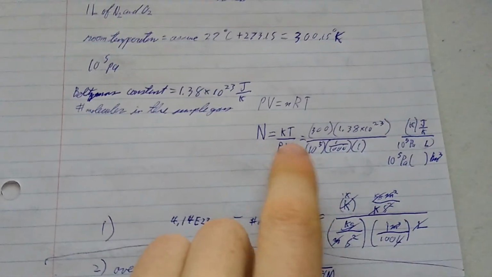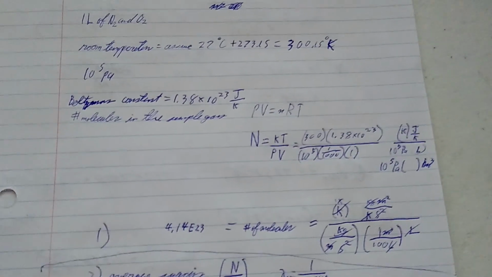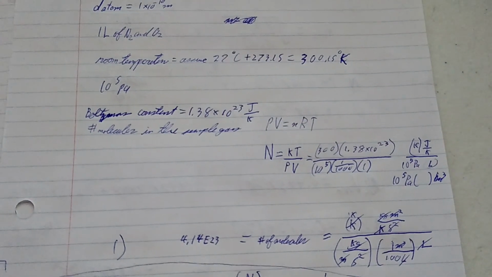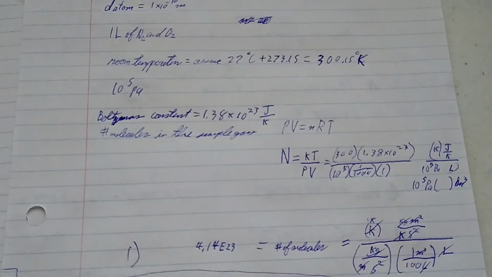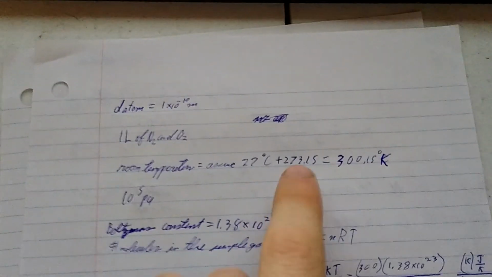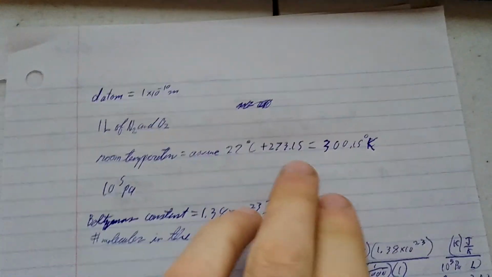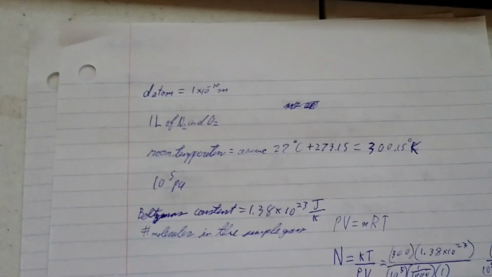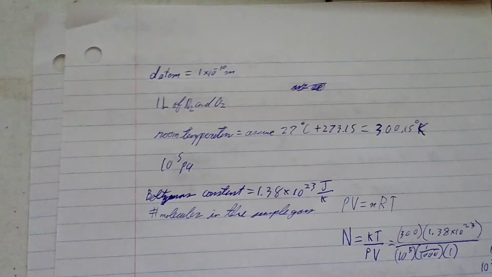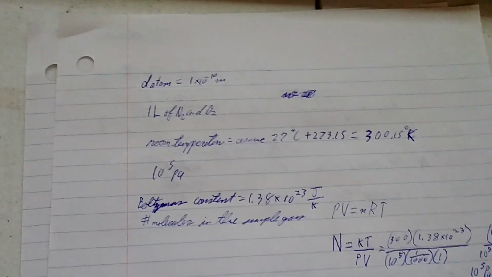I assumed that room temperature was 300 Kelvin, which is 27 Celsius. That's one thing that I assumed. I also assumed something else, but I'll talk about that later.